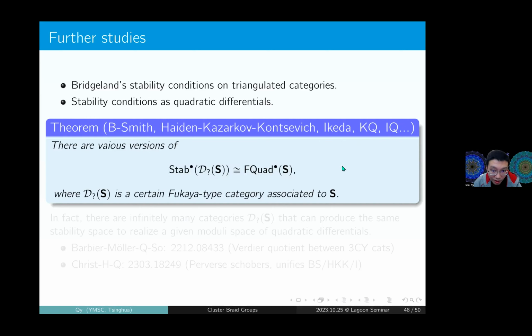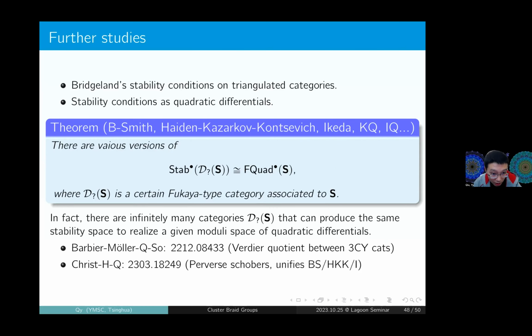But now, for the past year and this year, in my joint work with Barbieri, Möller, and Qiu, and also the joint work with Price and Haiden, we are able to generalize this type of result to more classes.